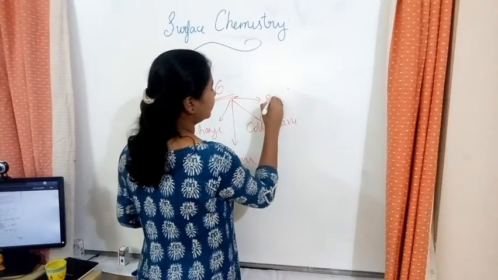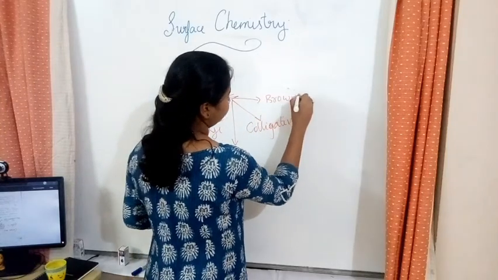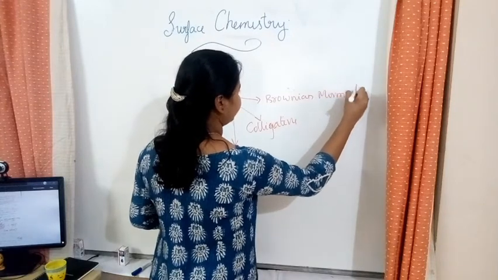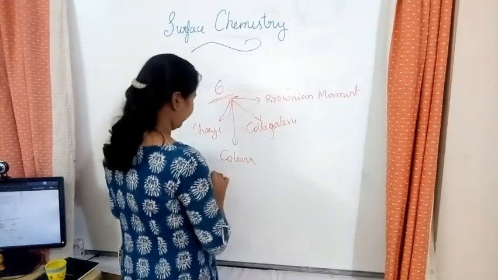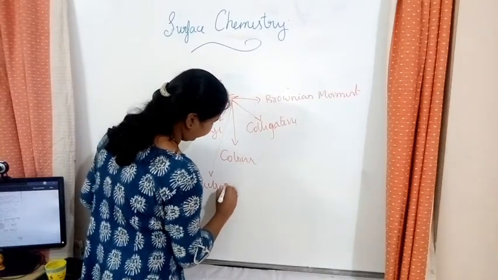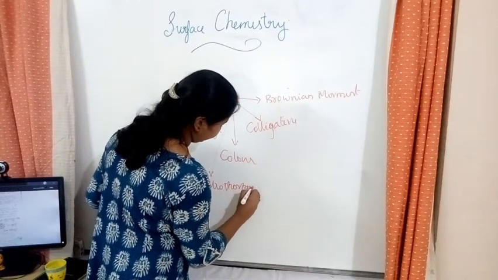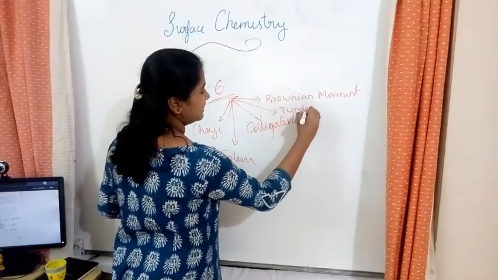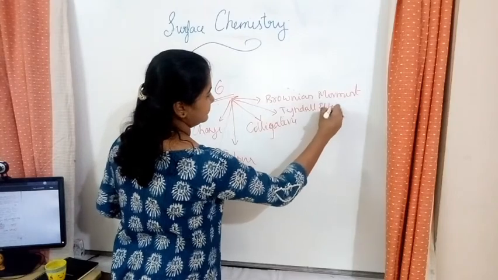The fourth one is Brownian movement. The fifth one is electrophoresis. And the sixth one is Tyndall effect.